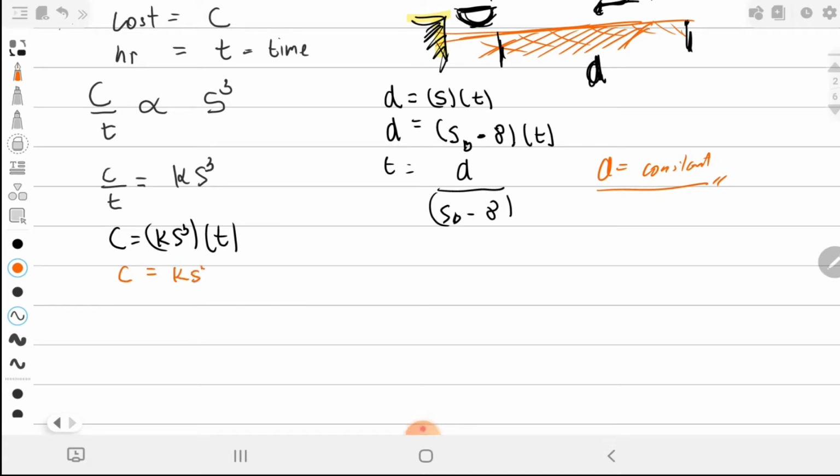C is equal to K S cubed multiplied by T, which is equal to D over S boat minus 8. Take note that this S cubed is our S boat. This is our SB, which is considered proportional to our cost, which is S cubed.